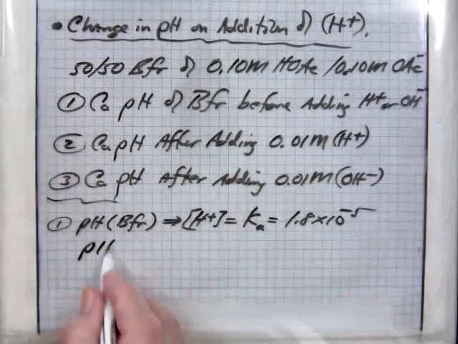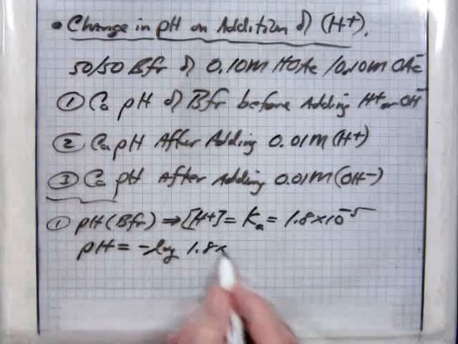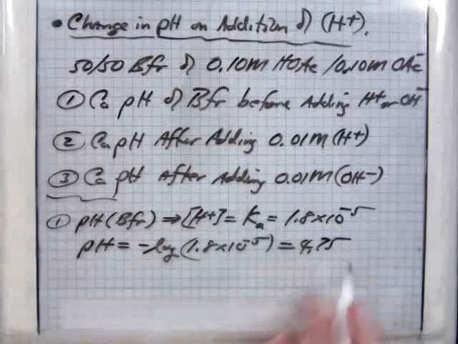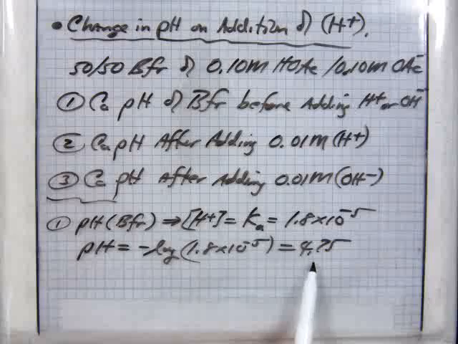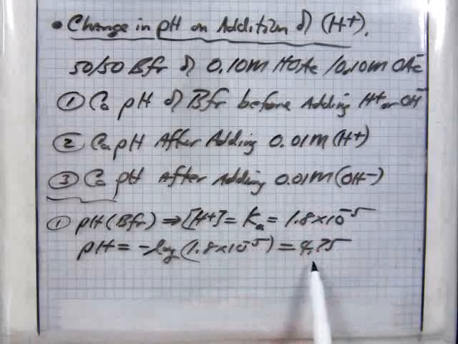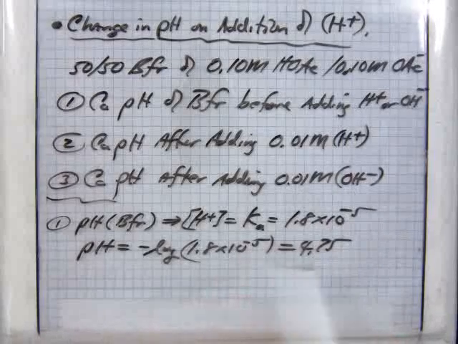So pH is minus log of that 1.8 times 10 to the minus 5, and that's 4.75. So what we're looking at in problems 2 and 3 is how does the addition of H plus affect that 4.75, or how does the addition of an OH affect 4.75?